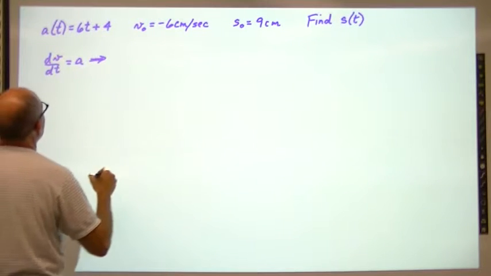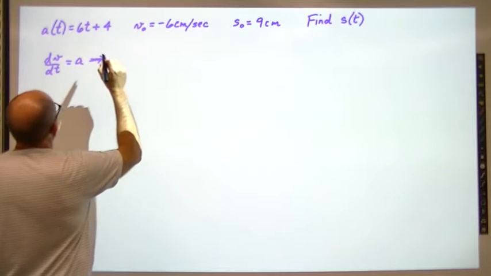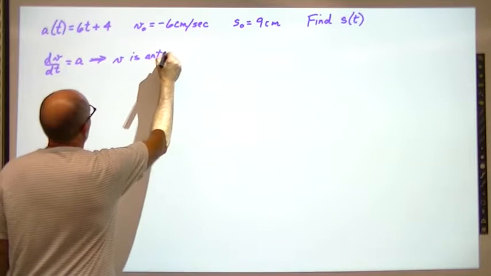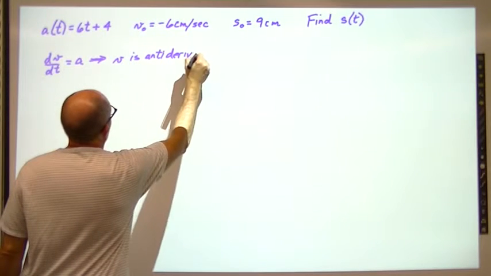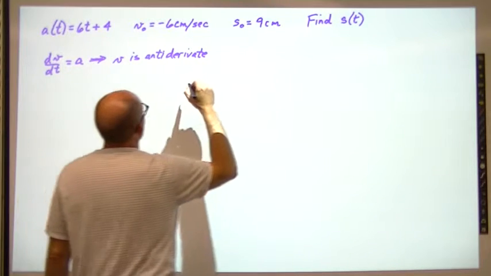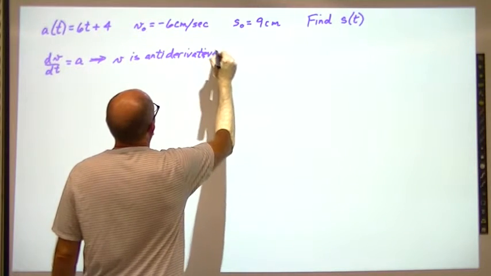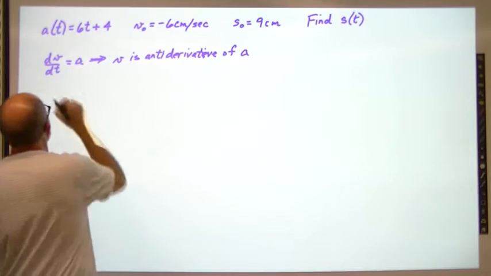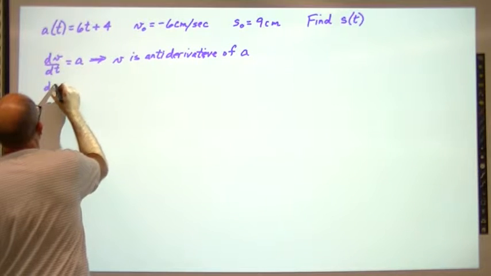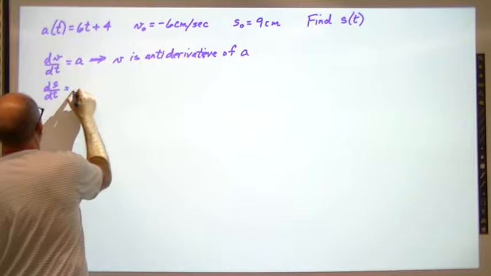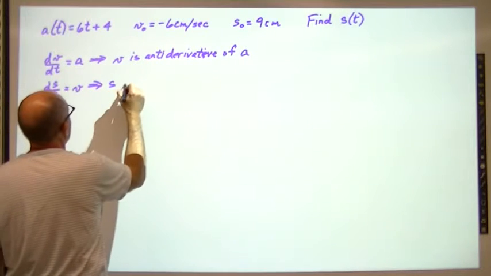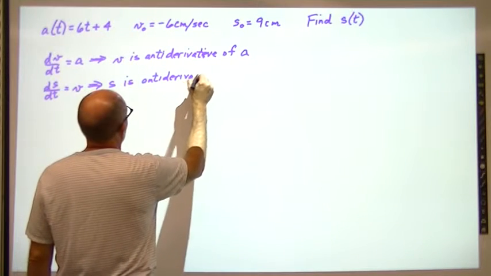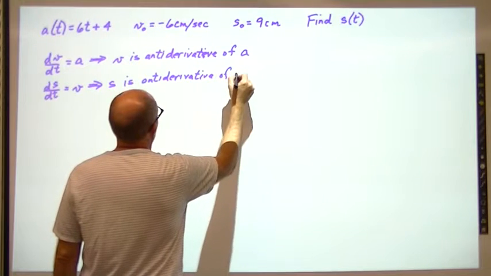So that means the antiderivative of acceleration gives velocity, and likewise the derivative of displacement is velocity, so displacement is the antiderivative of velocity.